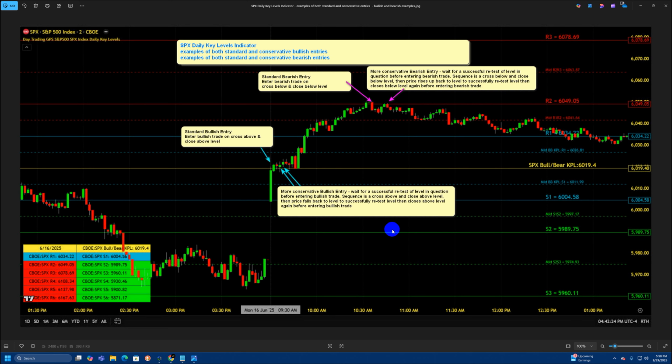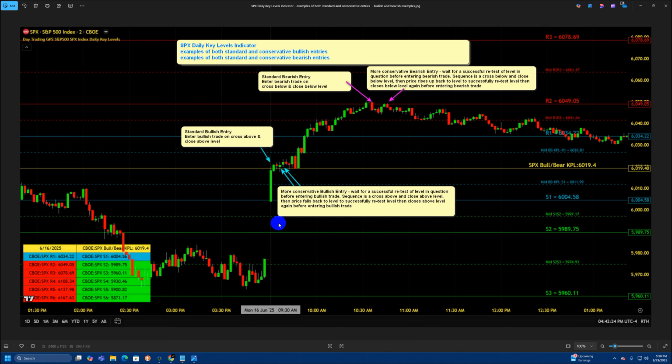And the same thing would apply for any other level. So if this price action was happening down here on this S2 level instead of on this BBKPL level, then it would be the same sequence. Cross above, close above, that's your standard entry.